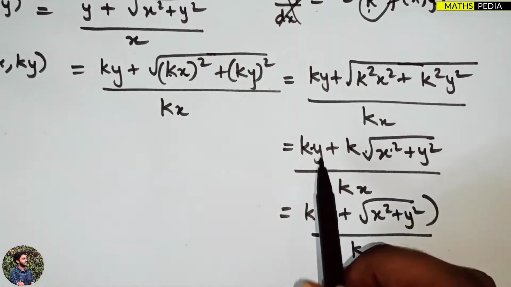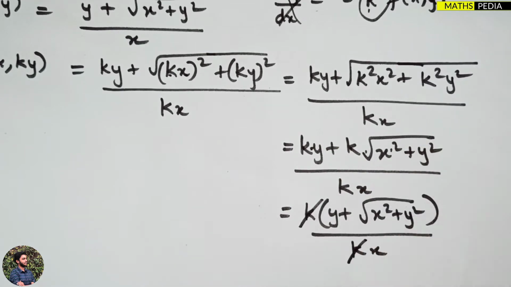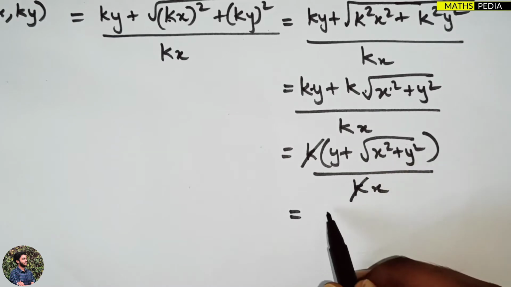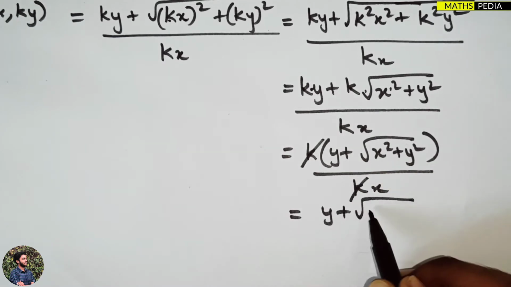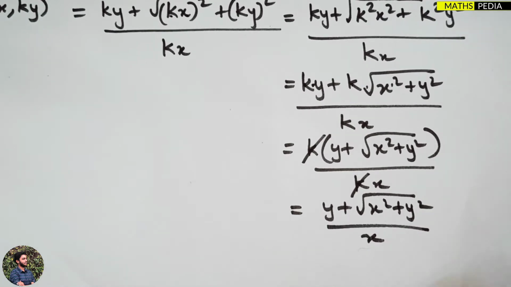I have taken k common, so this k and this k will get cancelled. The remaining term is y plus square root of x square plus y square by x.